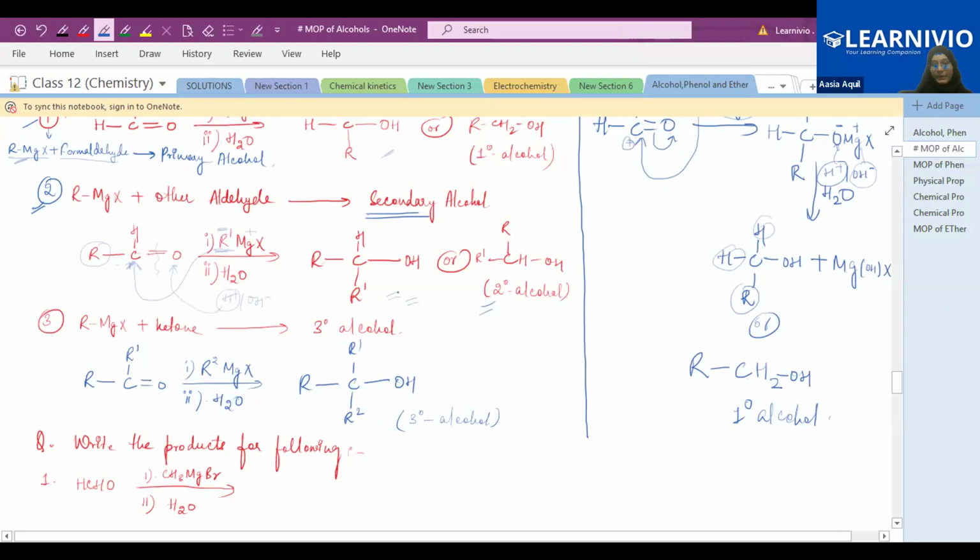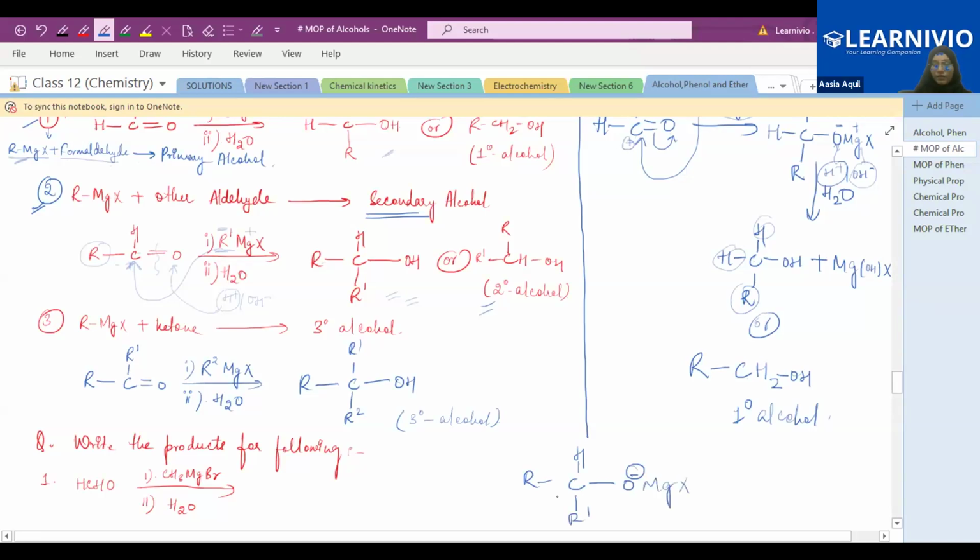Similarly, you can do the whole mechanism. First step, just treat it with R dash MgX, the Grignard reagent. It will give you this compound R, C, H, and here the negative charge, and here R dash, and here the positive.